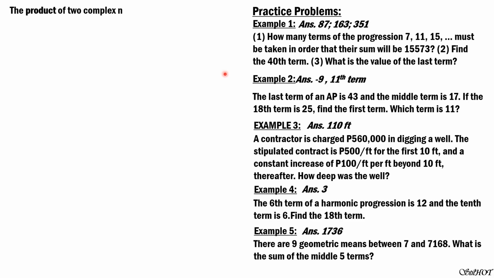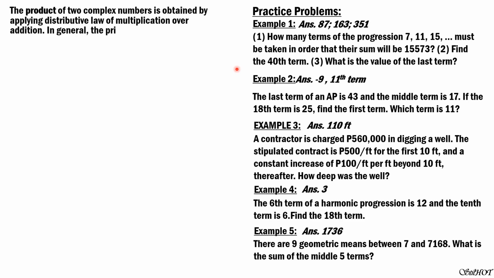So the product of two complex numbers is obtained by applying the distributive law of multiplication over addition. In general, the principle of getting the product of polynomials applies here. You may also set your calculator in complex mode and operate on products and addition of complex numbers.